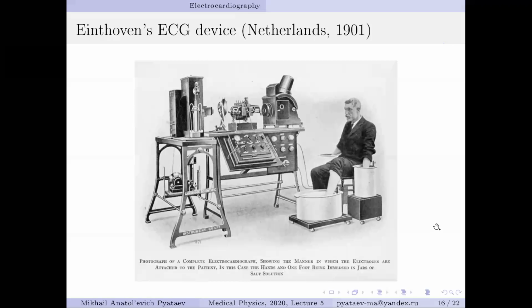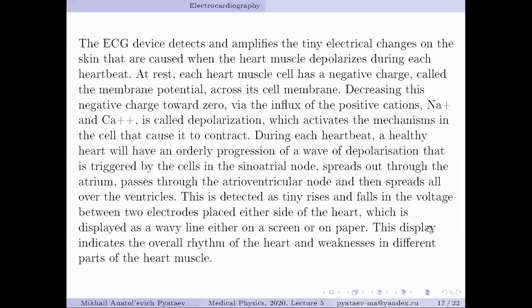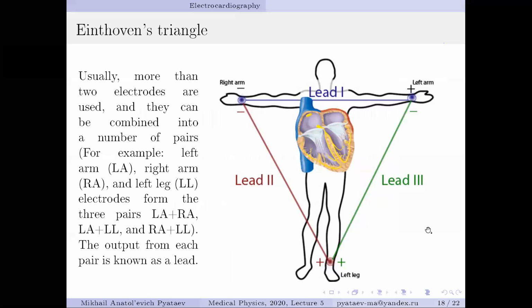But the idea remains the same. The idea is that we are finding the potentials obtained from 3 points of our body, and those potentials are created by the heart.